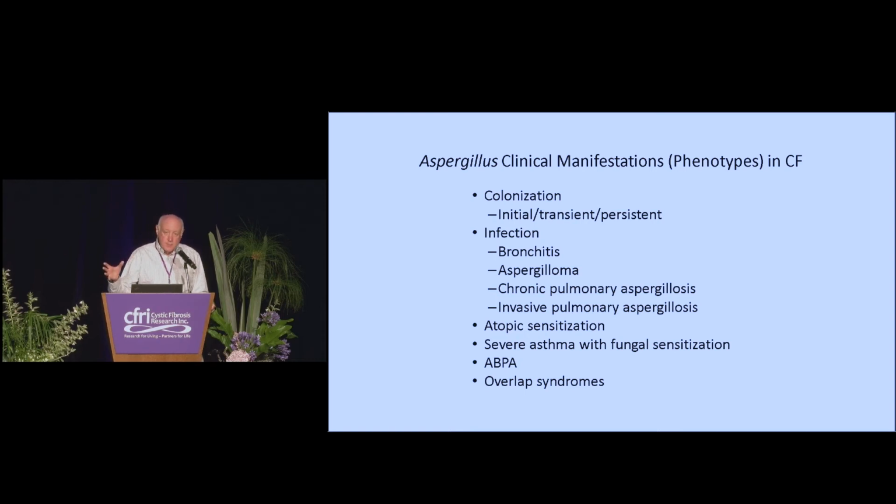On the hyperimmune side, you can get simple allergic sensitization. In other words, if you do an allergy skin test, you'll see a hive there because the body is producing an allergic antibody that can create a reaction when exposed to some molecule from the organism. So that can be a simple sensitization, doesn't necessarily cause disease, but if it causes disease, it's likely to be in the form of some kind of asthmatic manifestation.